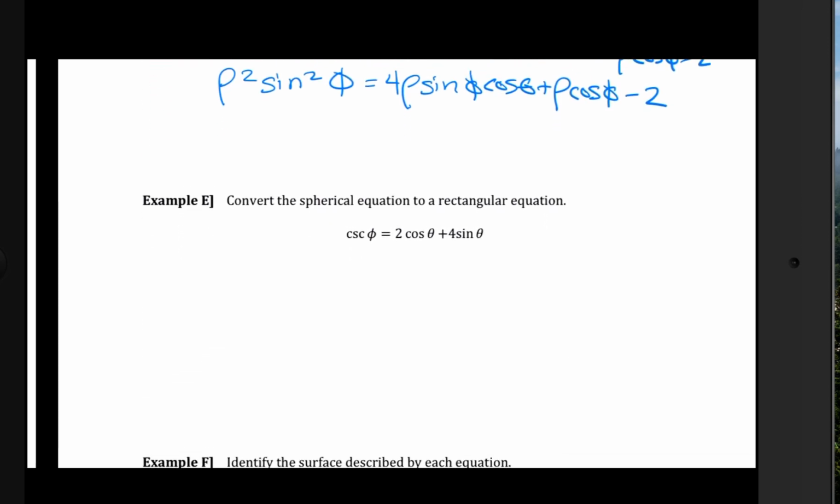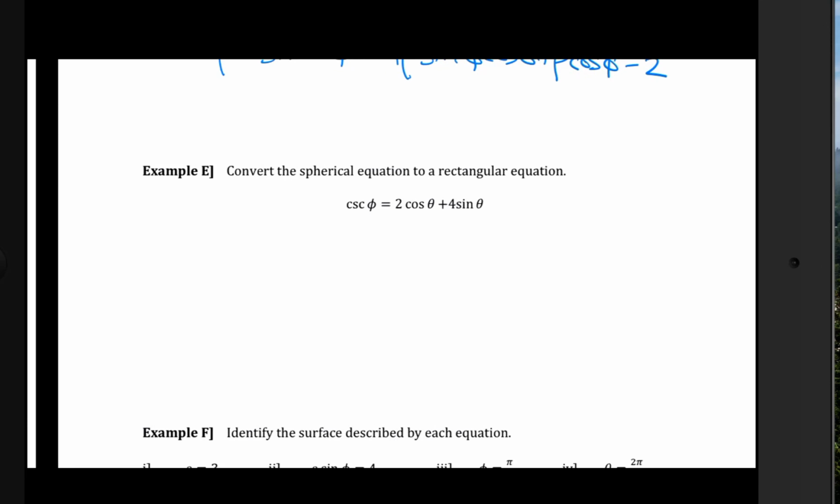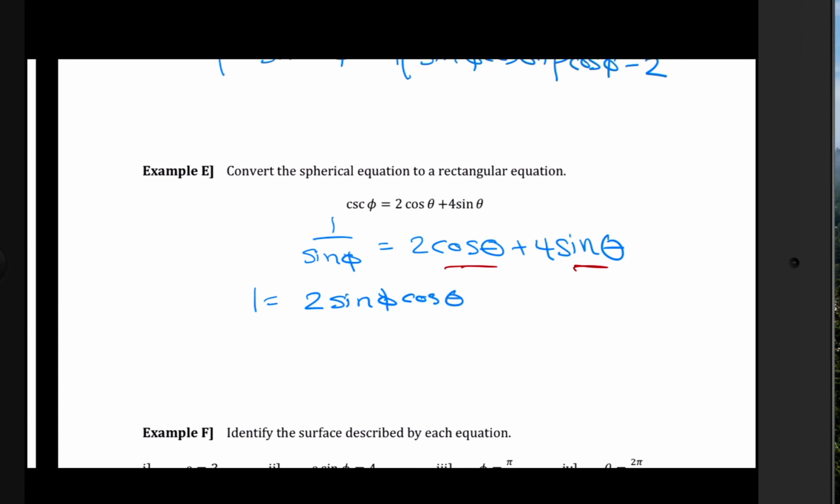Now we're going in the other direction, spherical to rectangular. And I have a cosecant here, so I'm just going to rewrite that as 1 over sine of phi and see where that takes me. And it looks like it'll actually take me somewhere good because I have my cosine of theta here, I have my sine of theta, and if I multiply through by the sine of phi, I'm going to have something pretty close to what I need to do a simple substitution, right?